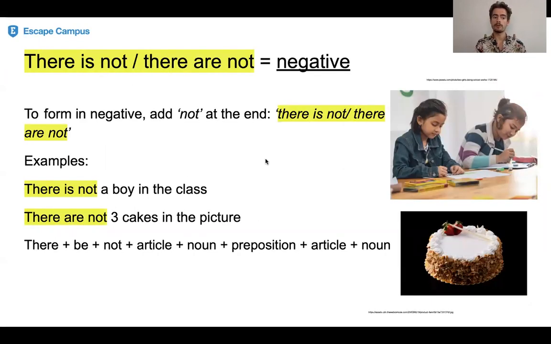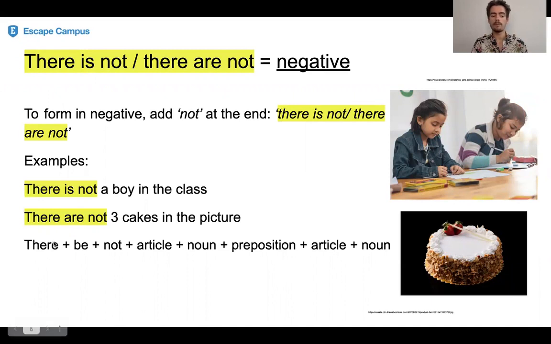In the negative form, we add not at the end. So there is not and there are not. For example, there is not a boy in the class. There are not 3 cakes in the picture.